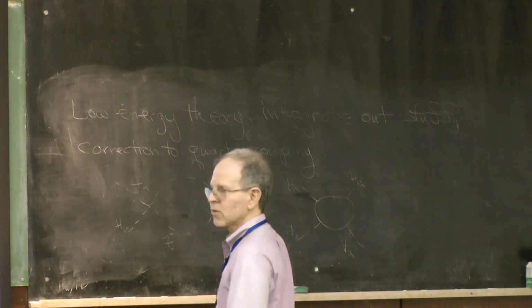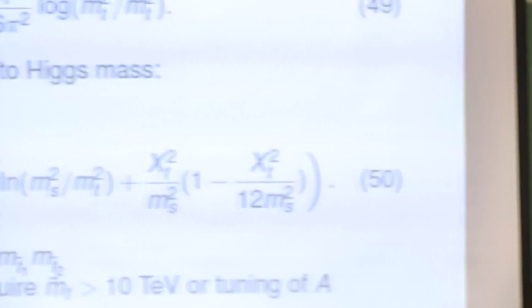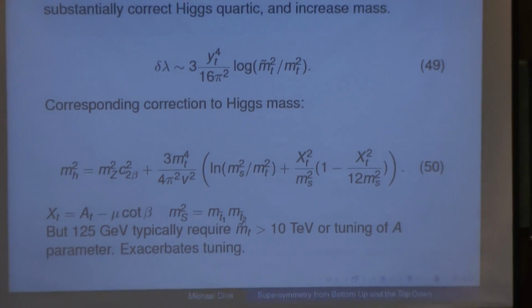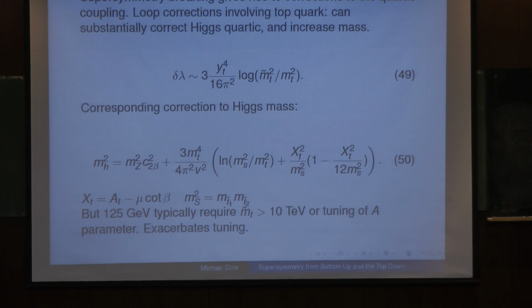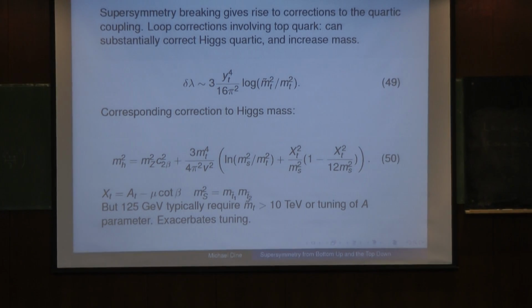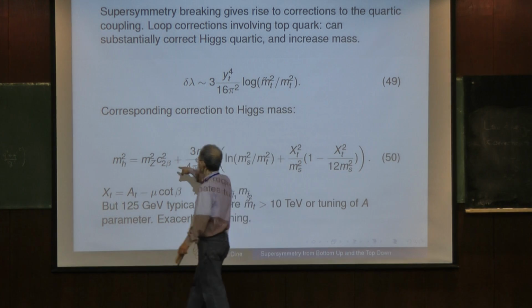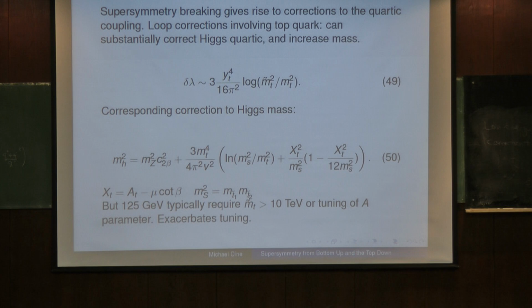The rest of the integral is totally trivial. There are finite pieces which are harder. People work harder on the finite pieces. And I've written a general formula for the correction to the Higgs mass. This C2 beta is cosine of 2 beta.